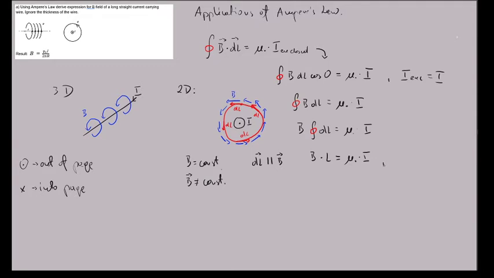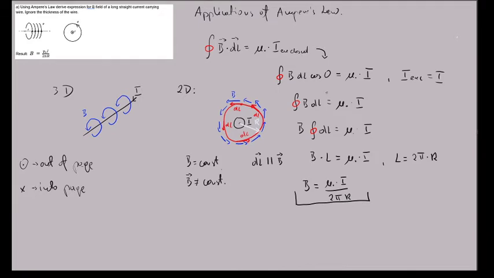But the whole length of the path is nothing but 2 pi times r, where r is the distance from the center to my loop. All right, now that I have this, the magnetic field becomes mu naught times I over 2 pi r, and that does it.